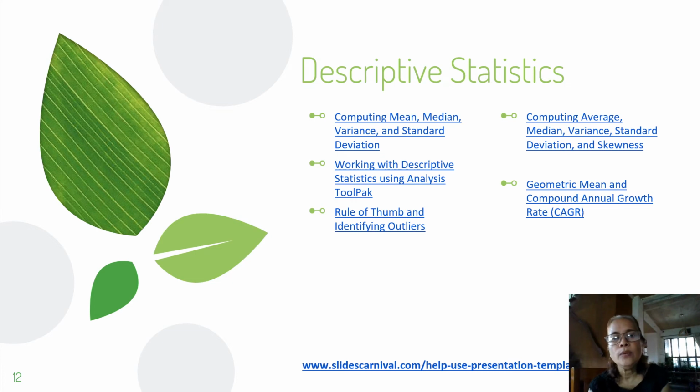Also, we need to understand the rule of thumb and the technique for identifying outliers. So what do we do? We compute the average, the mean, median, and mode, standard deviation, skewness, and the interquartile range, which you will appreciate when you get to see that it's a very visually effective means of comparing sets of data.